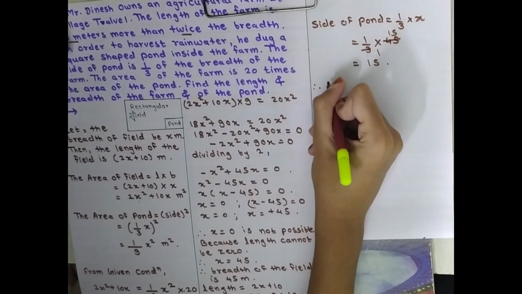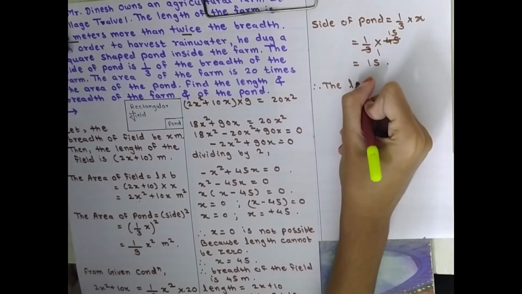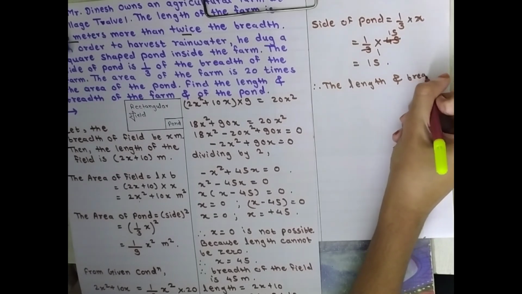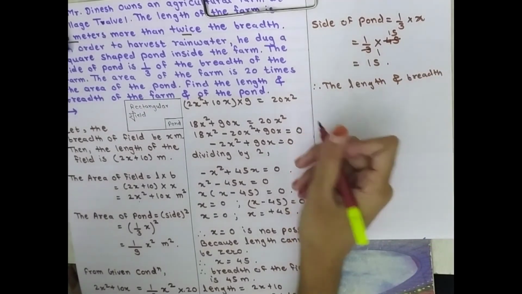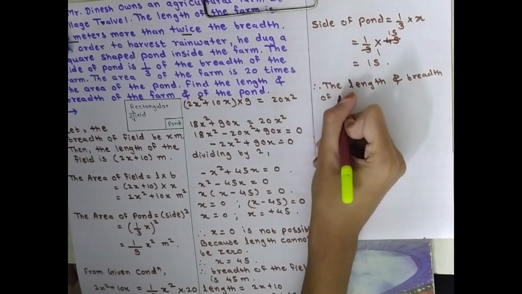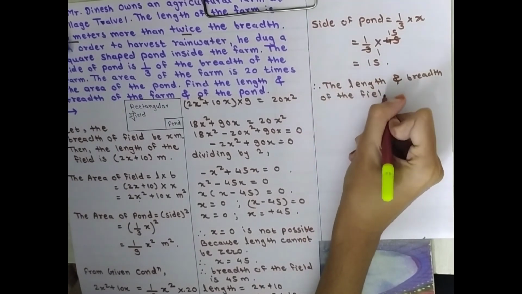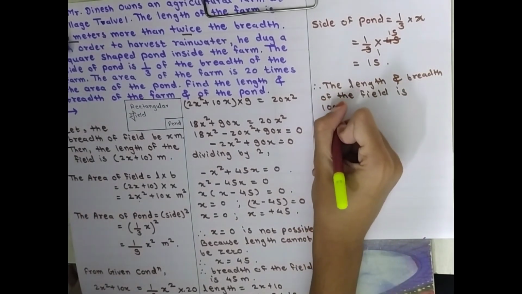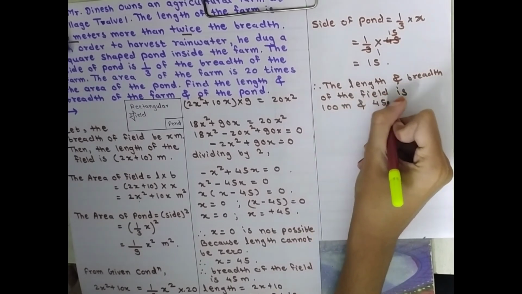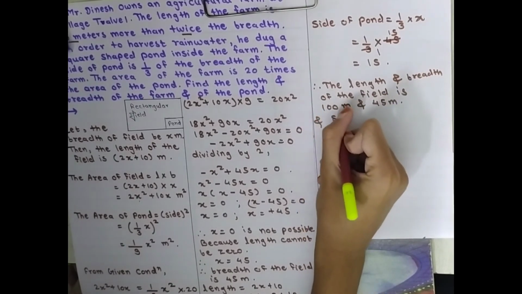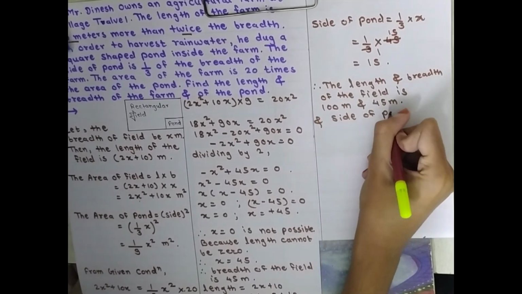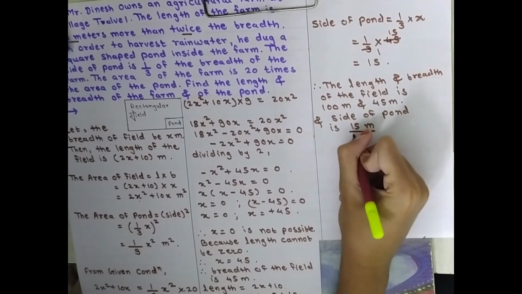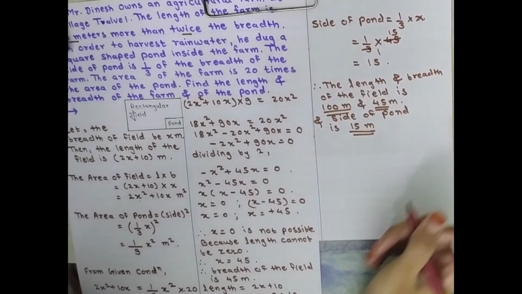Therefore, the length and breadth of the field is, length is 100 meter and 45 meter, and the side of the pond is 15 meter.